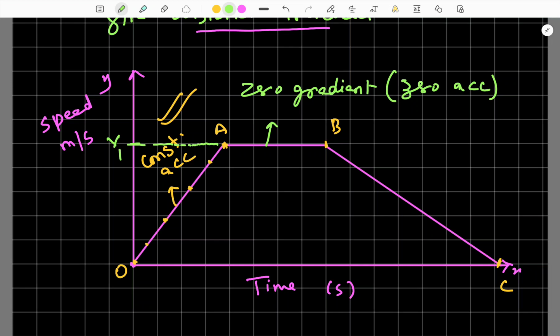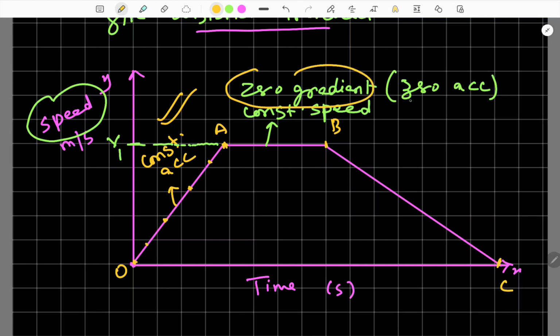So that means the object is at rest. But in a speed time graph, beta, time is going on and obviously एक speed आपको y-axis पे show हो रही है. This means the car or the object is moving at a constant speed. Please remember that. Yes, the gradient is zero. That means zero acceleration, but still the object is moving.